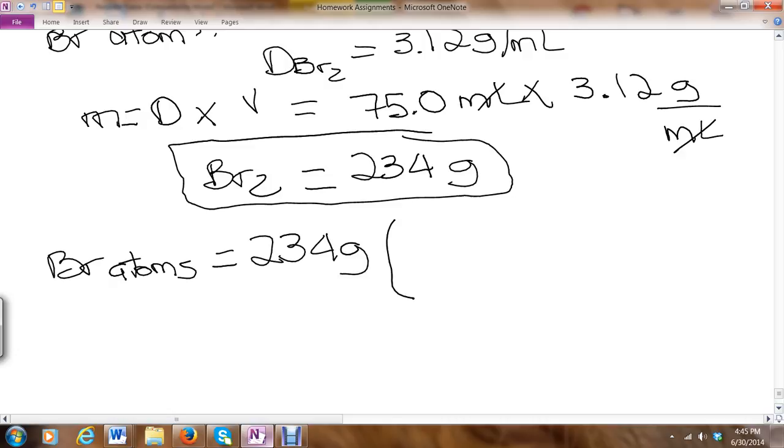But remember, this is the mass of Br2. So you first have to find out the moles of Br2, and let me write it down. You find the moles of Br2 by dividing by the molar mass, right?